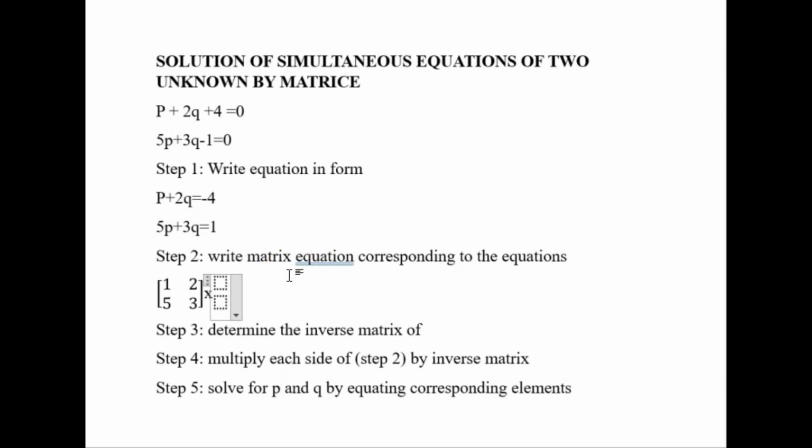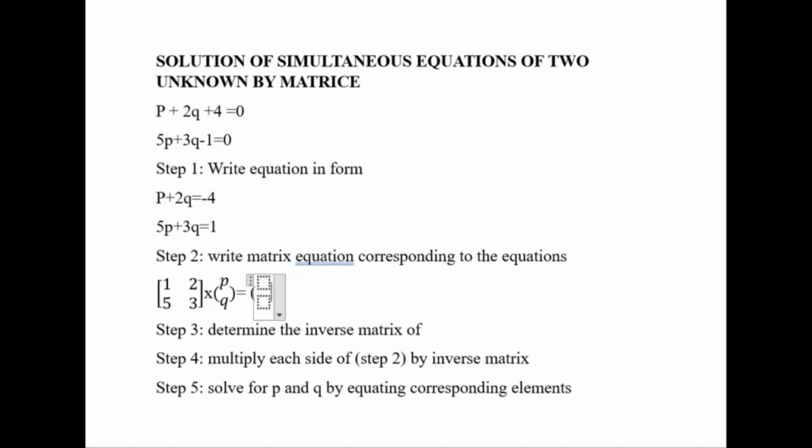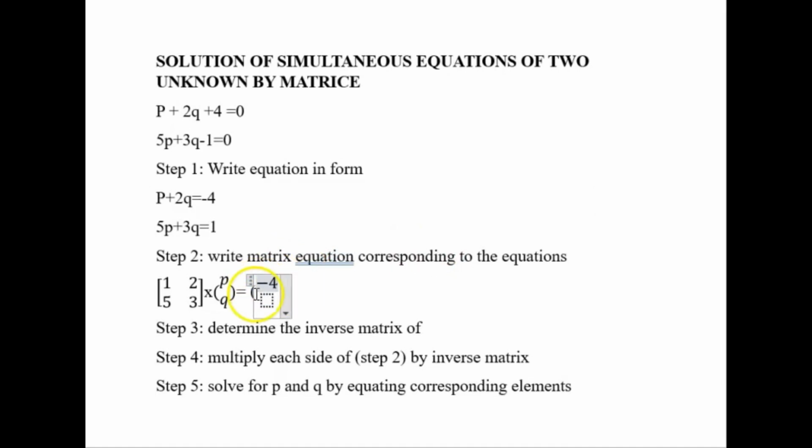So, bracket, we have PQ, which is equal to bracket, we have minus 4 and 1.